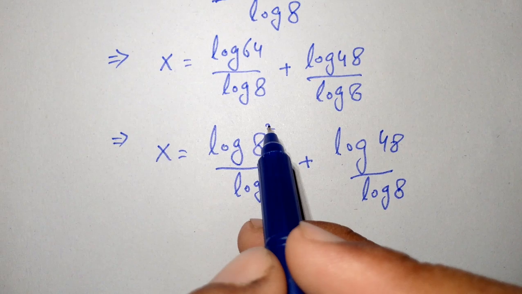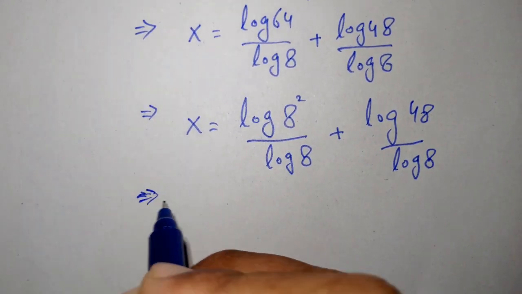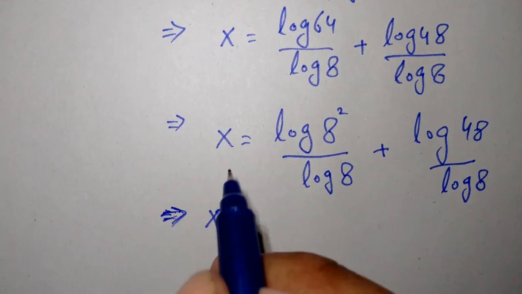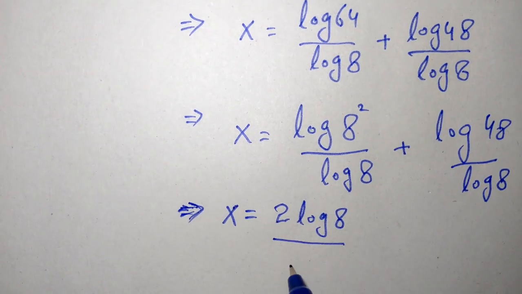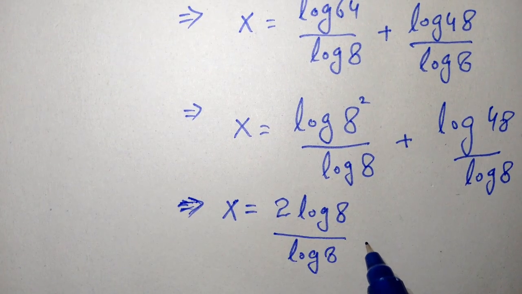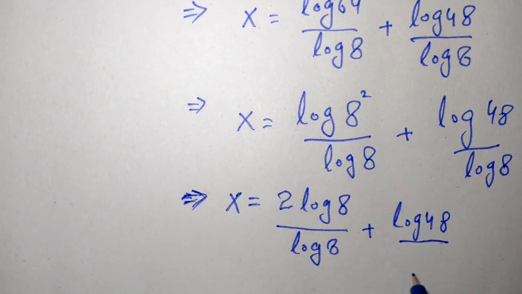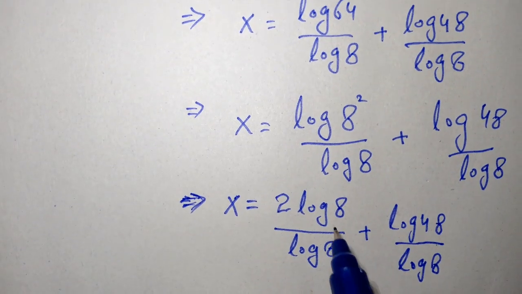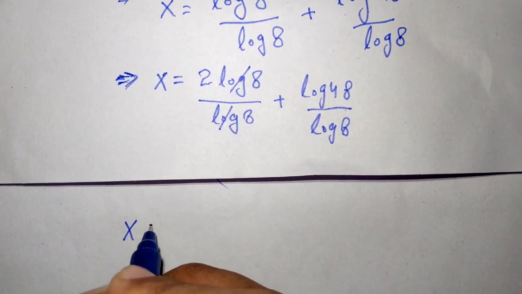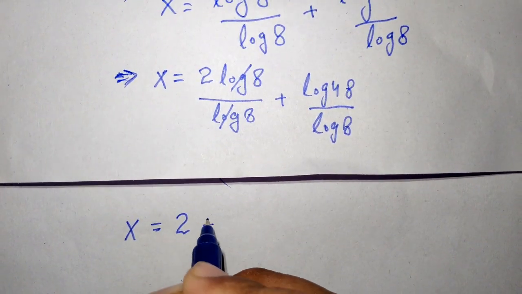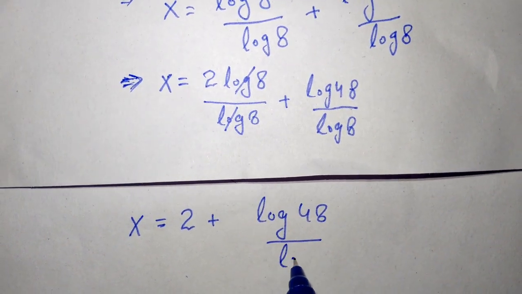Now we can move this power here, so this will become x is equal to 2 log 8 divided by log of 8 plus log of 48 divided by log of 8. Now this log of 8 cancels with this log of 8, so this will become x is equal to, here 2 is left, 2 plus log of 48 divided by log of 8.